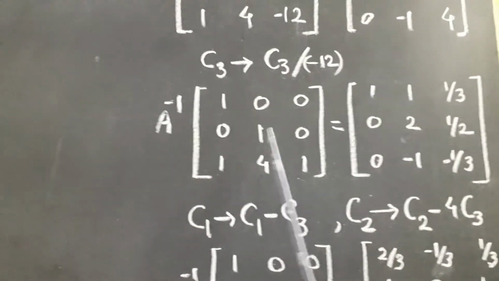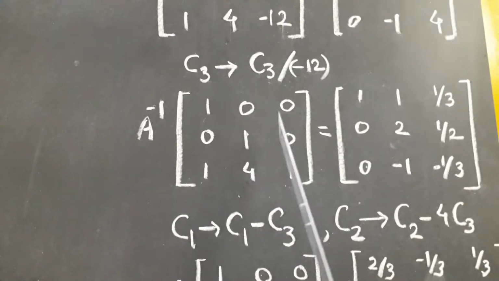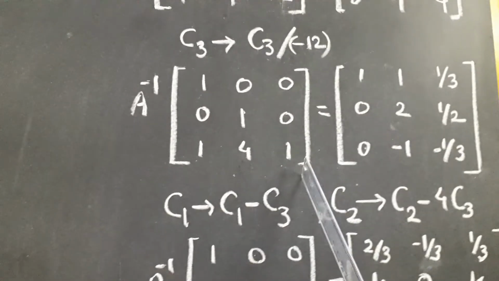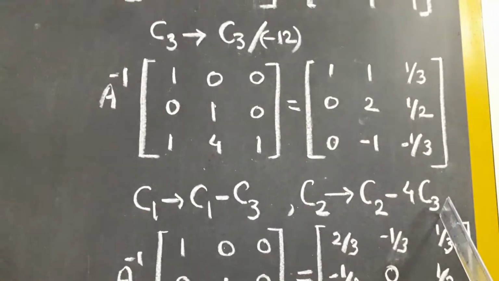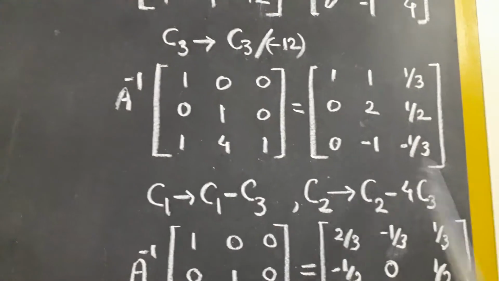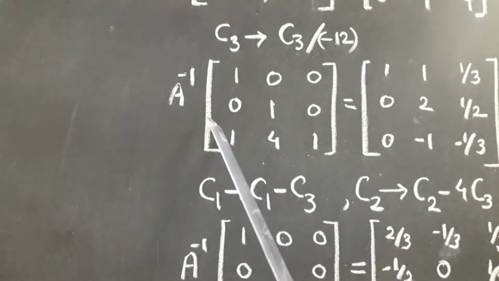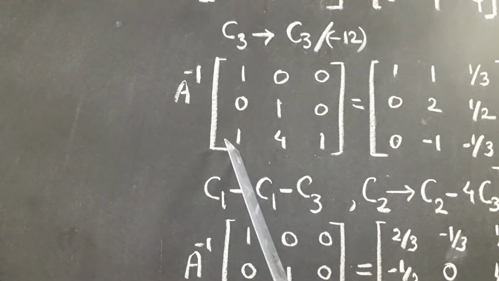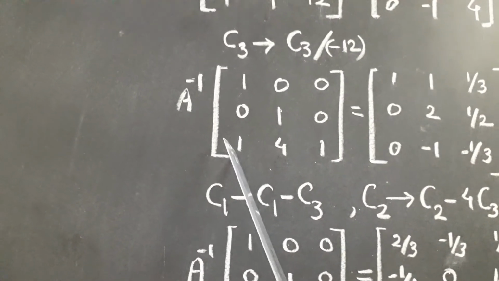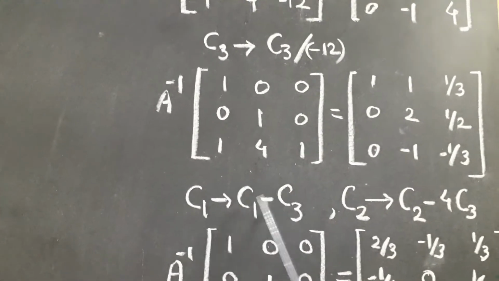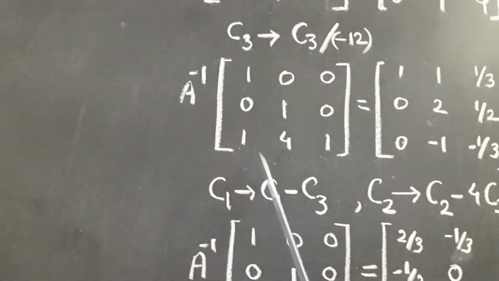With the help of which column are we going to make zeros over here? It is C3. In both the cases we will make use of C3, and for the first column, that 1 here we have to change to 0, the opposite of that is minus 1, so we write here minus 1, and the column we are changing is C1.